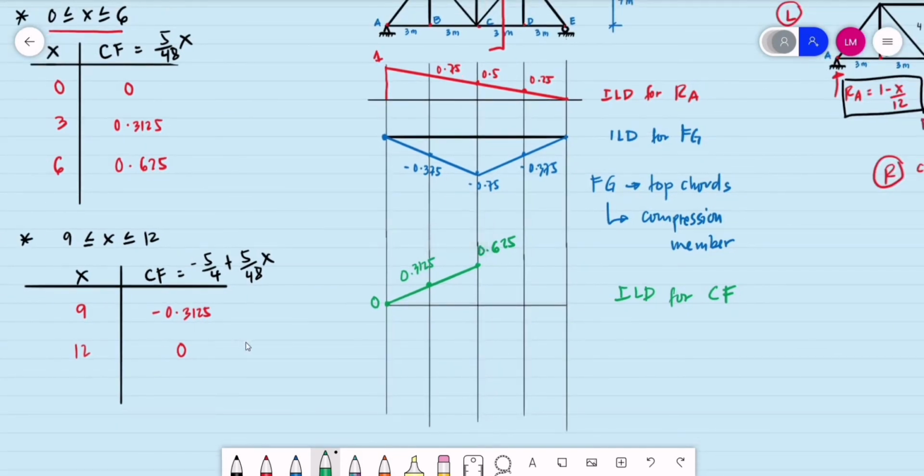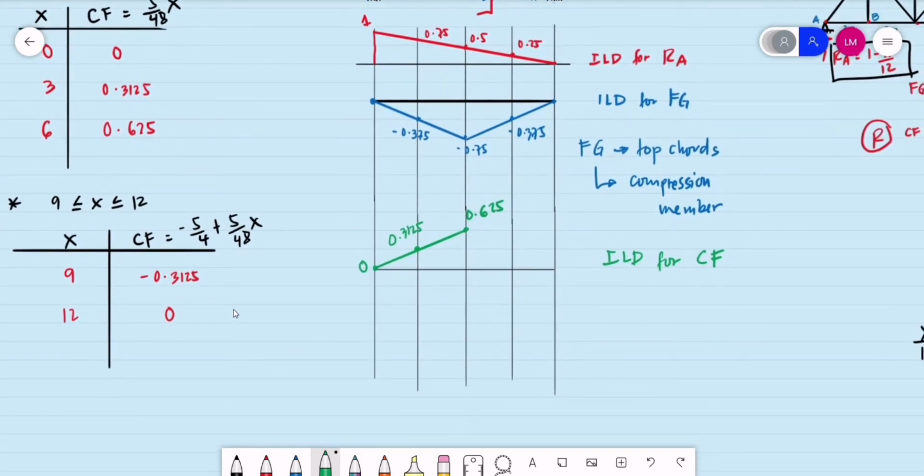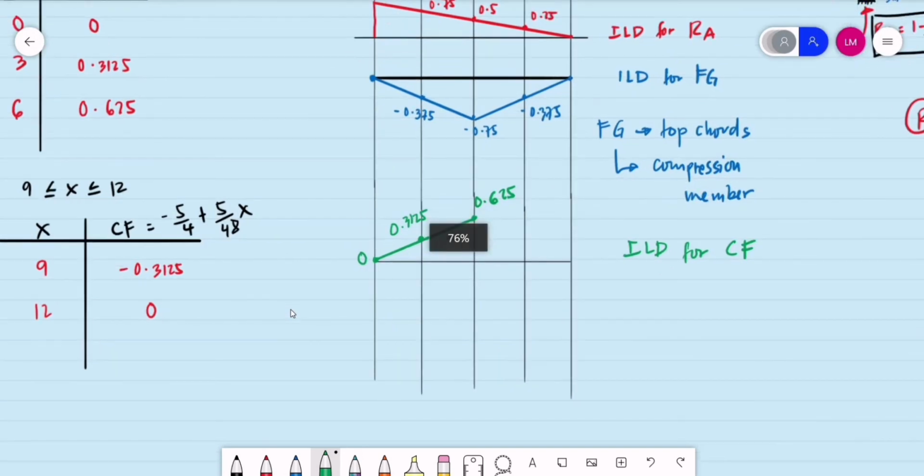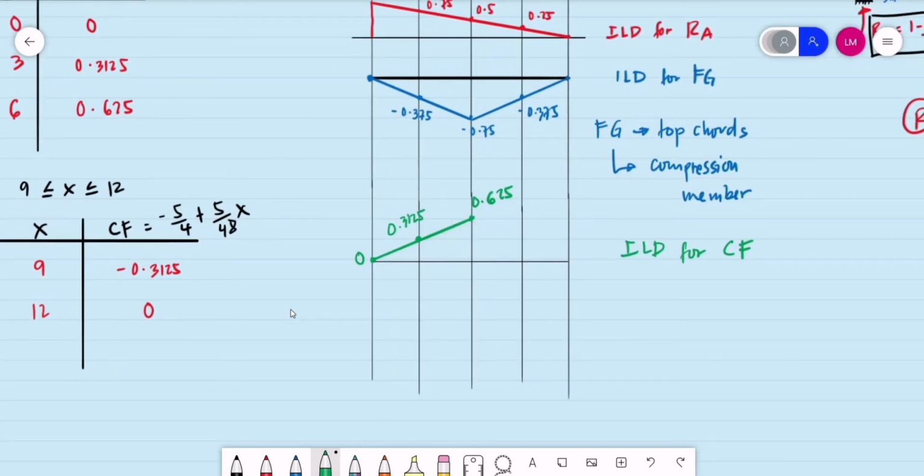But if we now proceed to the second interval, from 9 to 12, we will be having an ordinate of negative 0.3125. Then at x equal to 12, that will be 0.